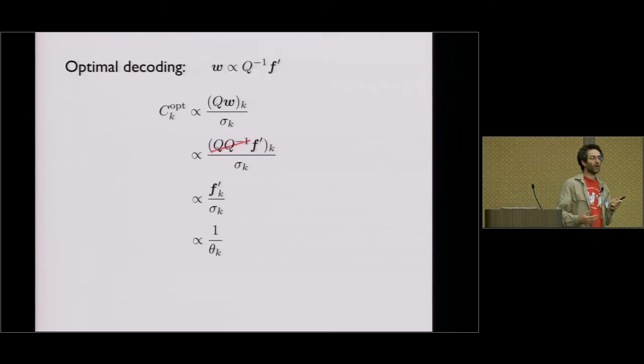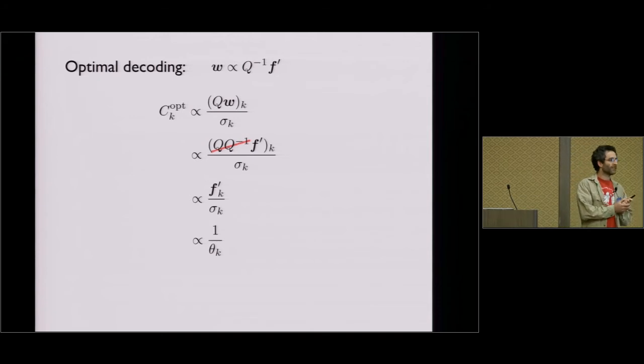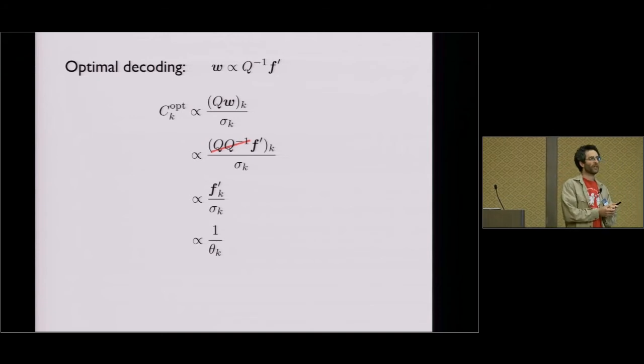Now, how do we know when the brain is doing a good job? Well, that for me means that it's extracting all of the information that it can about the stimulus of interest. And here, if you're doing a linear decoder, the optimal linear decoder removes the noise by inverting the covariance. Okay?